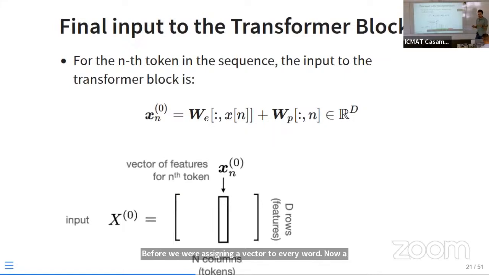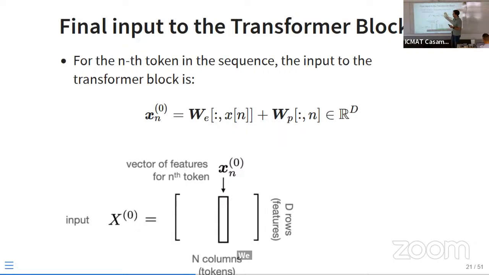And once we have this, we have the vector representing the word, which is the token embedding, and the vector representing the position, and we add them. We sum them, nothing else. Okay. So this somehow is capturing the influence of having the word Madrid in position 3.